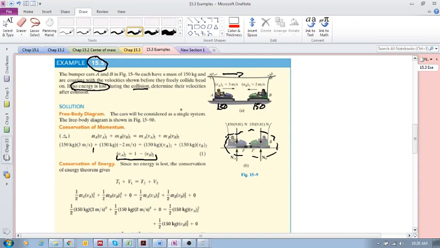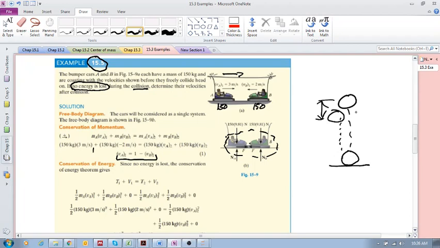Now this is where the statement "if no energy is lost" comes in handy to solve this problem. What do we mean by that? Remember, if you drop a ball and it hits the floor, then in real life it'll come up to somewhere below where you dropped it from. That is because energy is lost to internal energy, sound, things like that.